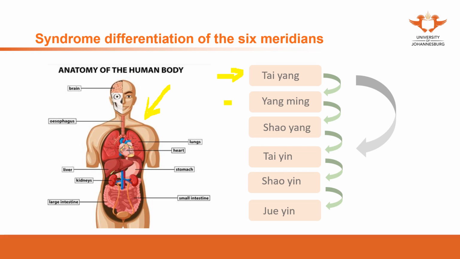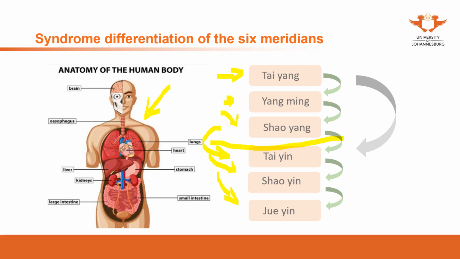We name the deeper level 阳明, and then the even more interior as 少阳. And then the diseases keep developing, go to 太阴, 少阴, 厥阴.